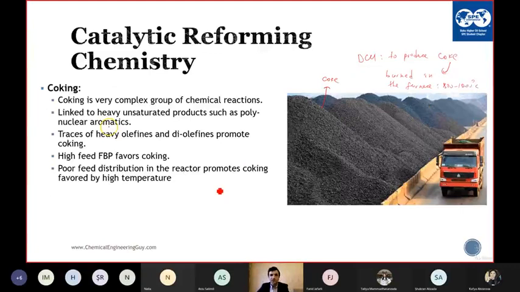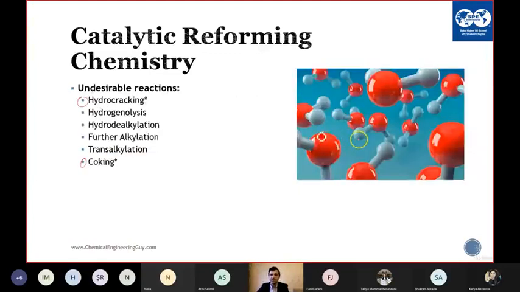But when there is coke deposit on a catalyst, of course it is not like that, but assume this is your catalyst, coke starts to deposit on your catalyst. When it is deposited, first it deactivates the catalyst, and secondly it can create some other problems. For instance, as we said, by regeneration we add air and burn the deposit on the catalyst.